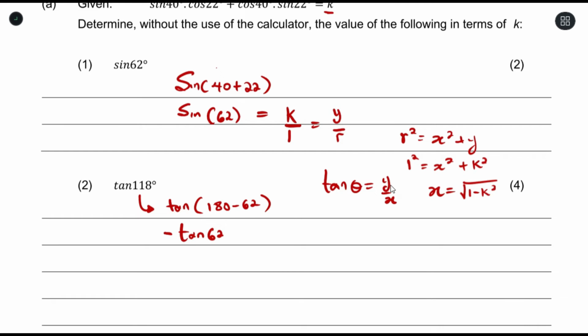Now that you have y, which is k, and x, which is the root of 1 minus k squared, we can now say what tan 62 is, because it's y over x. So in that case, it will be k over the root of 1 minus k squared. And that will be your answer.